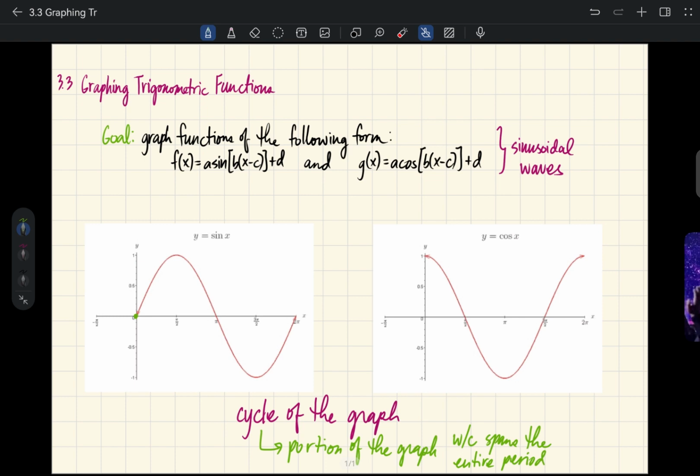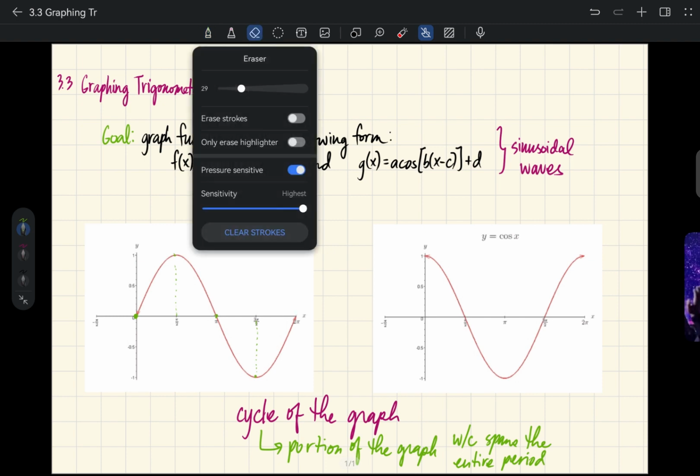Then the second important point is this one right here, pi over 2, 1. The next one, you have pi, 0. Then you have right here 3 pi over 2, negative 1. And lastly, you have 2 pi, 0.